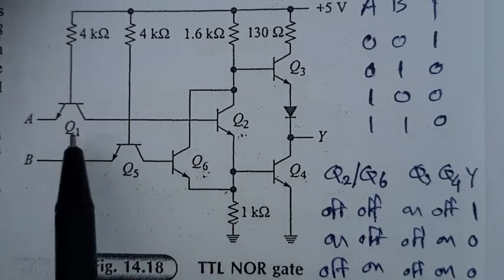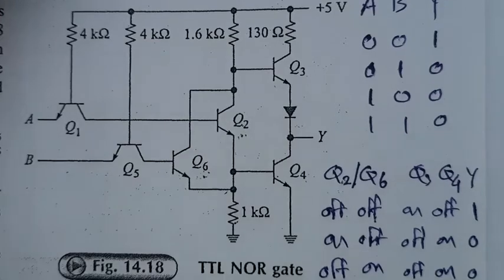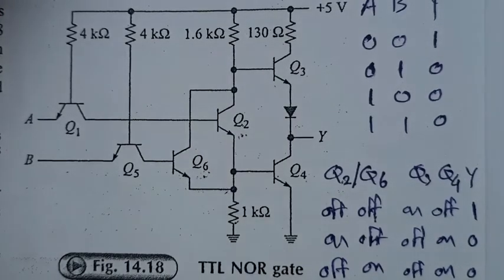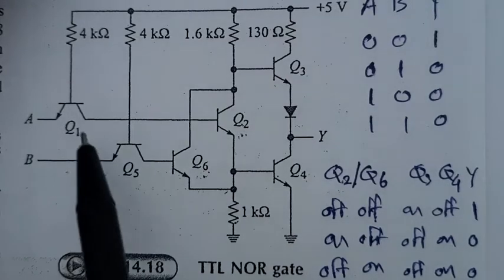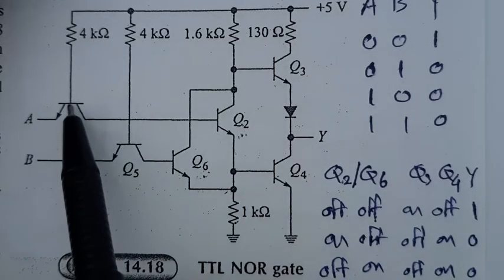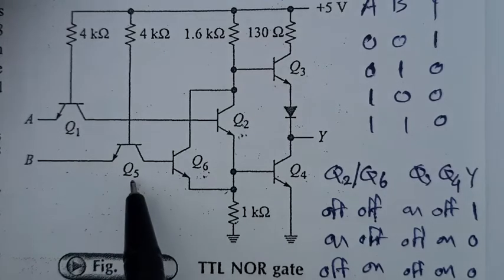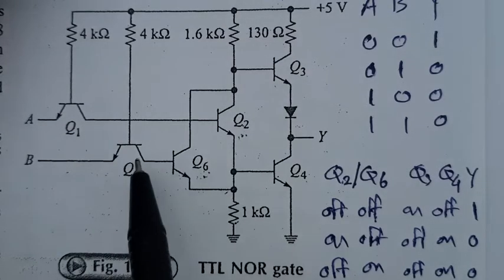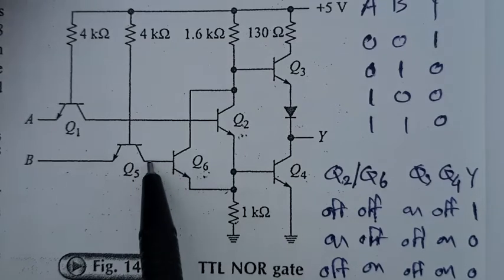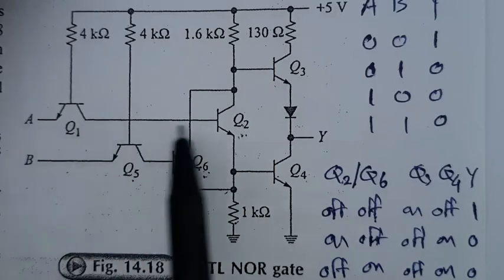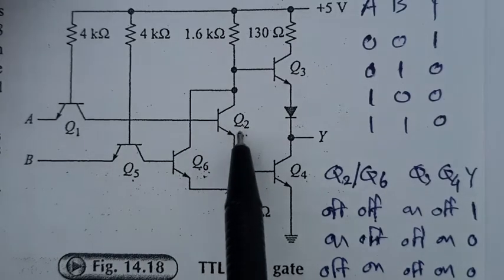The relation between Q1 and Q2 for the NOR gate is the same as the relation between Q1 and Q2 for the NAND gate. The only difference is that instead of drawing the emitter of Q1, now another transistor Q5 is used, and the base and collector of Q5 are used to drive Q6, while the collector of Q1 is used to drive Q2.